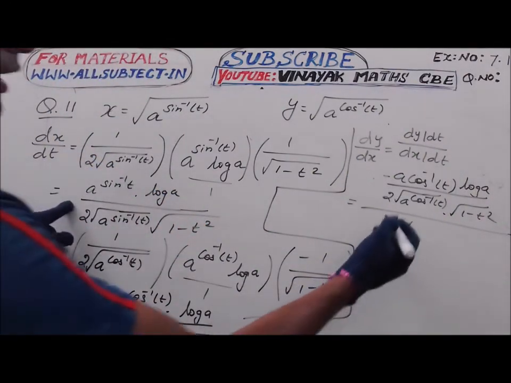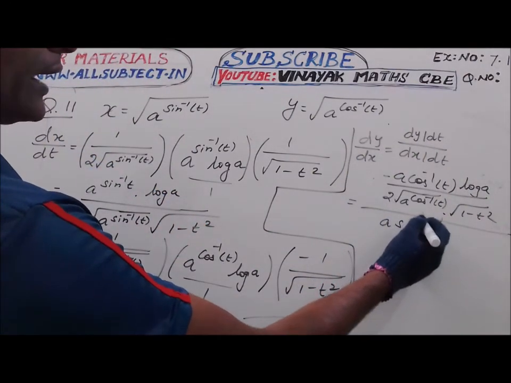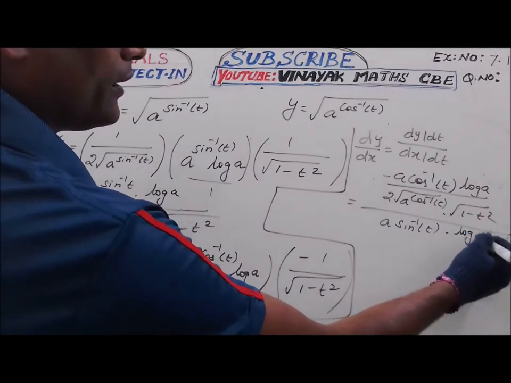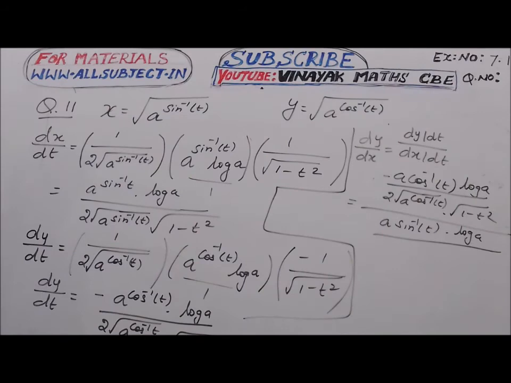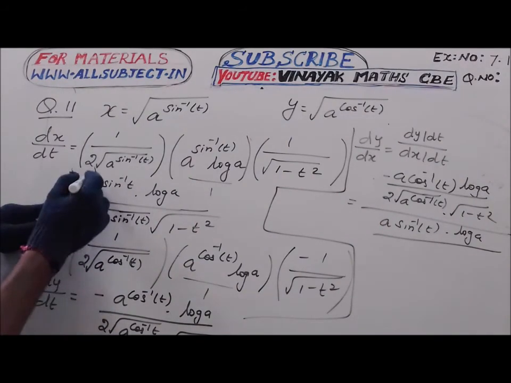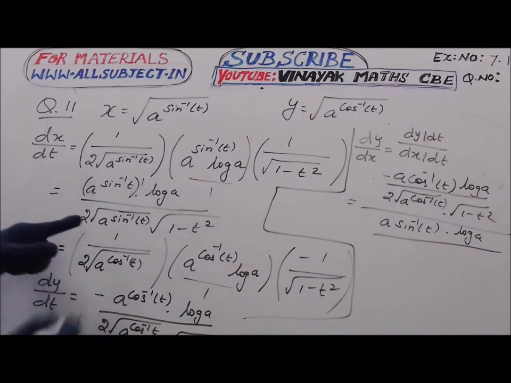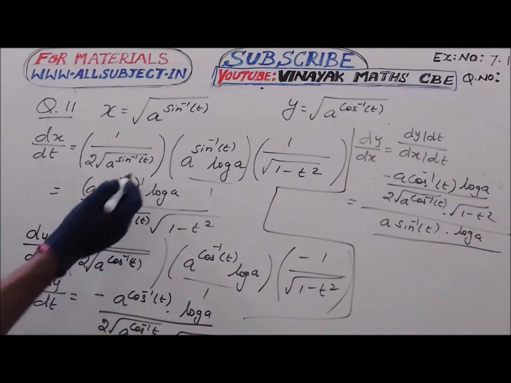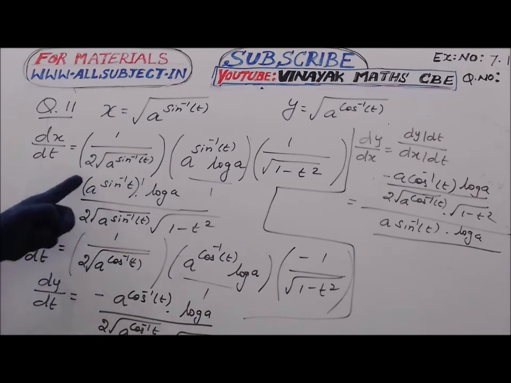Dx by dt is a sin inverse of t into log a divided by, we can simplify it here, listen carefully. This has power 1 and this is power half, root means power half. When we cancel these two terms, the numerator we have only root of a power sin inverse t. That is easy to complete our answer.